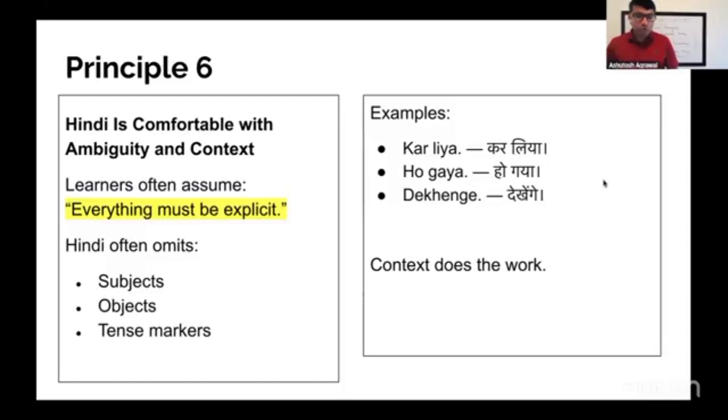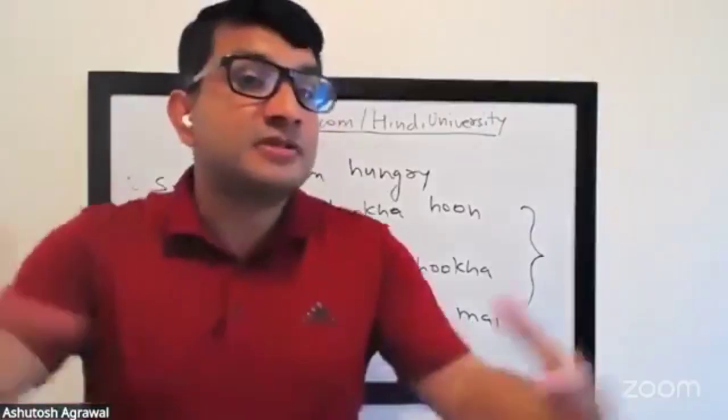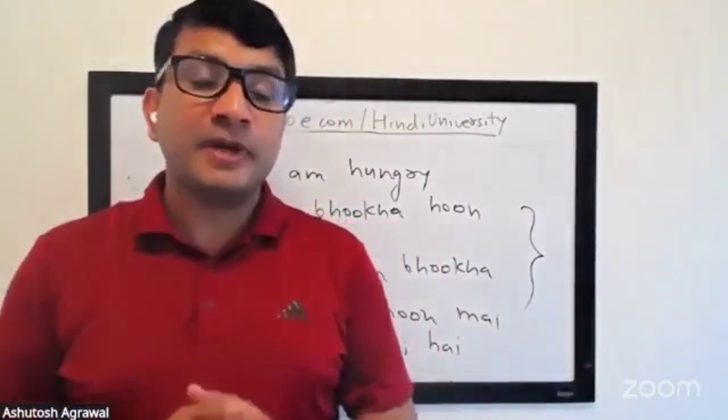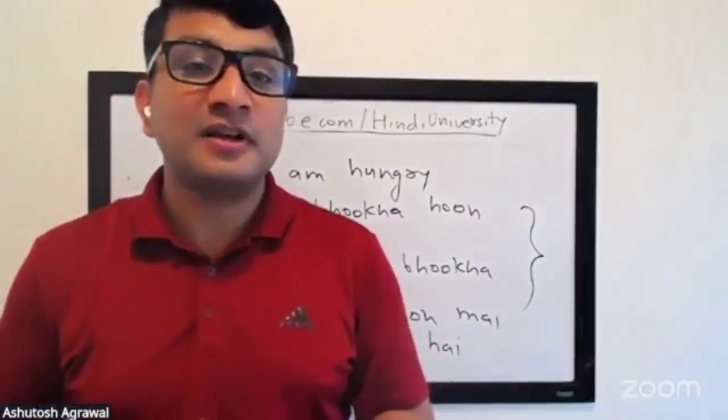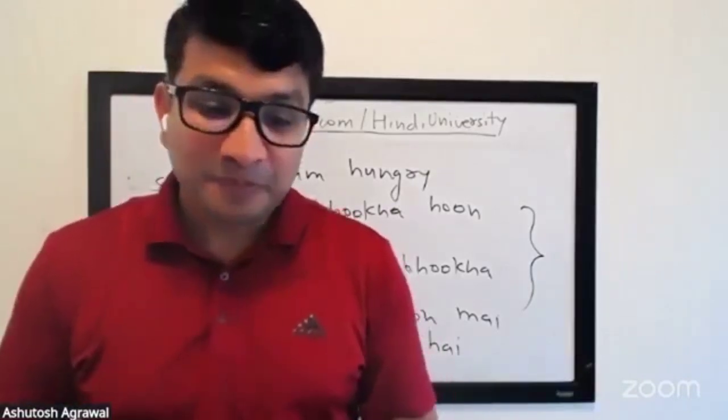A lot of times you will notice that there is no subject in a sentence, and there is no object. Hindi speakers omit a lot of things. An example would be, I'm in a setting, my kid, my wife and I come into the room and I'll say, chalo.